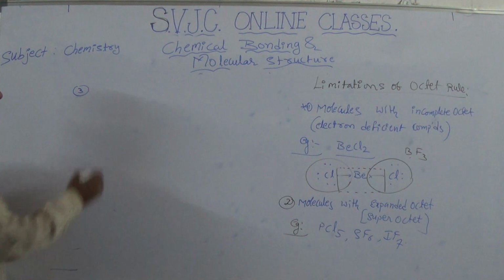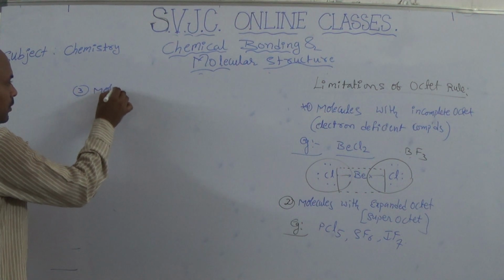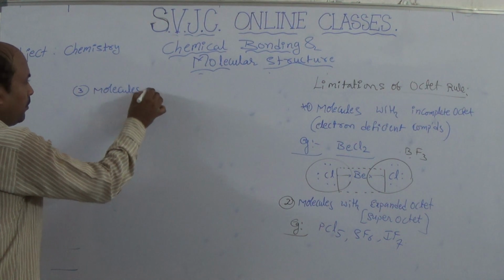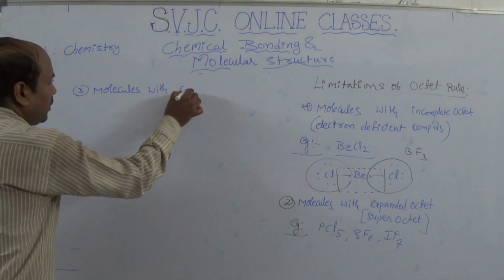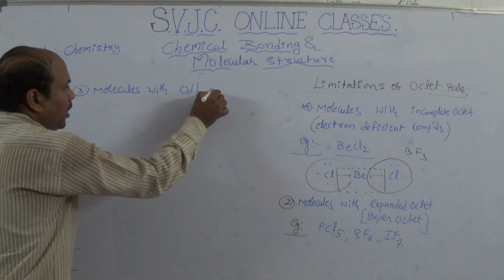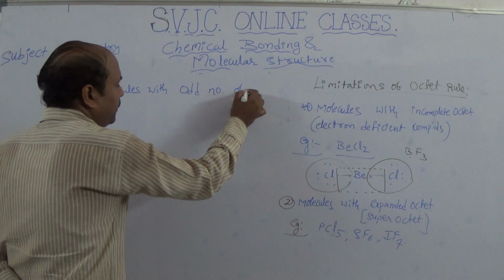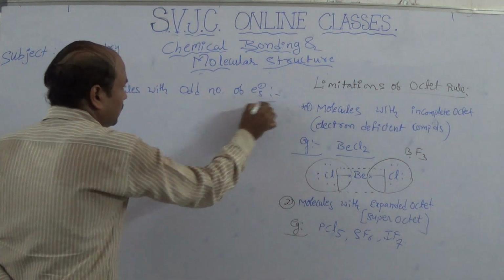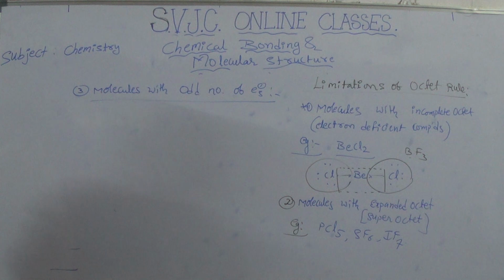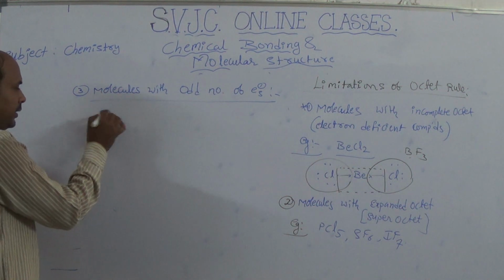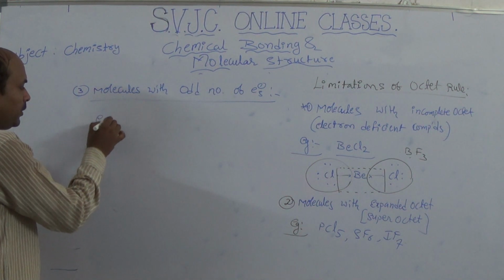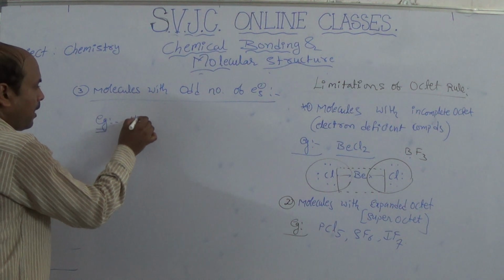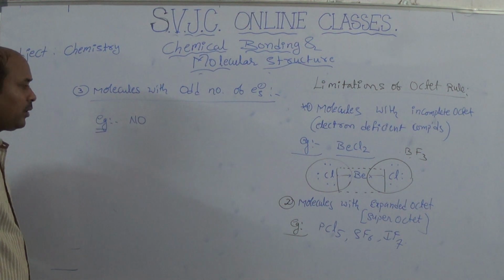Third limitation is molecules with odd number of electrons. For that I am taking one example: NO, nitric oxide.